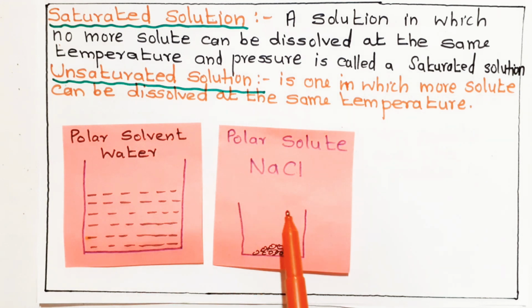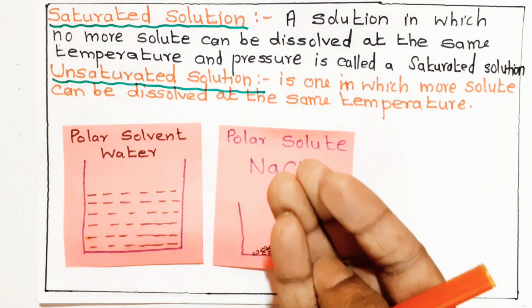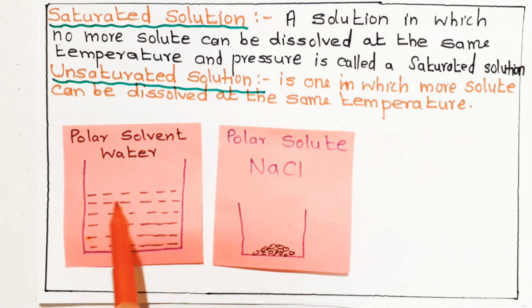Remember, some more sodium chloride is left out here. If you add this left out sodium chloride into this water, it will get dissolved. At the beginning I told you this much water can dissolve this much quantity of sodium chloride. First we added a part, and from the rest you take a little sodium chloride and add it into this.